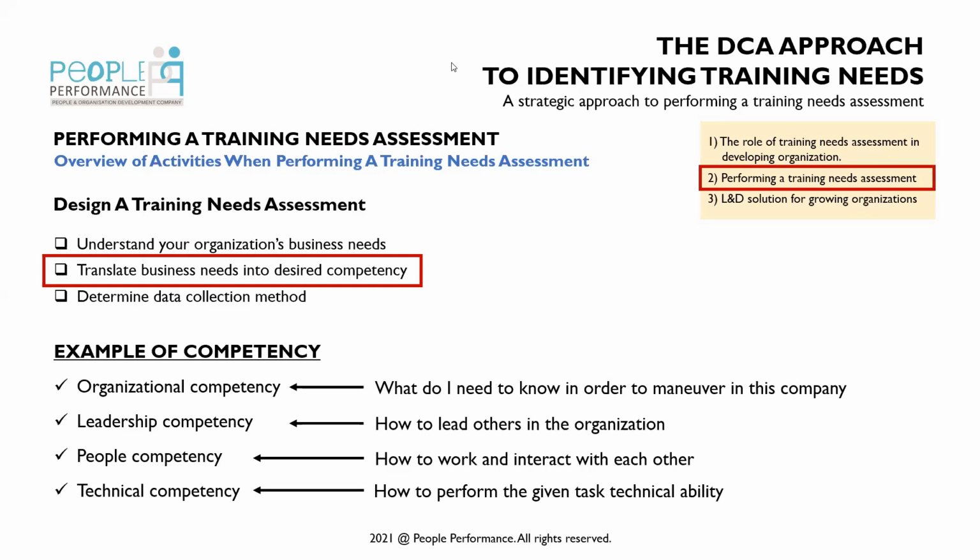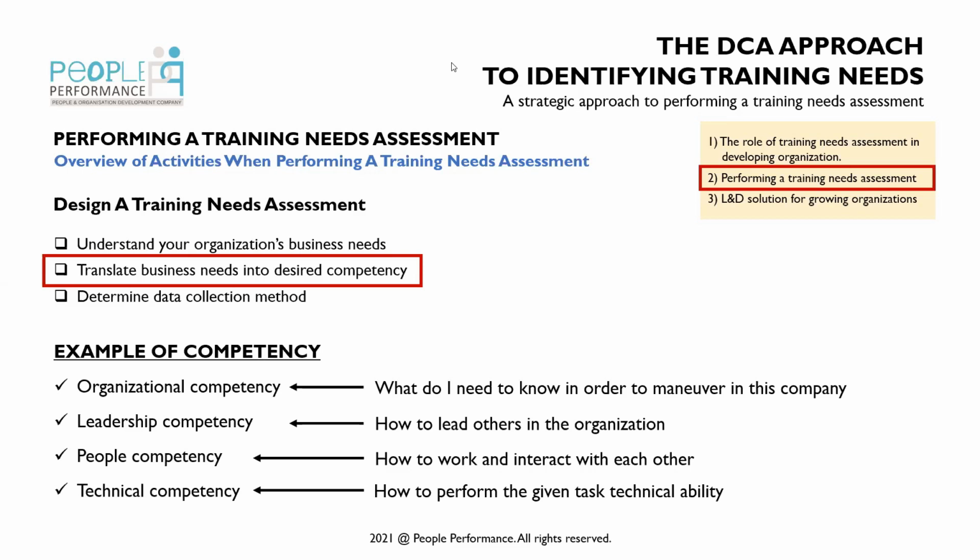Now, one of the things I would recommend is, after you craft your template, your survey form, have a sit-down with the business unit managers and let them look at it and ask questions. Based on their questions, you will drill down your questions to be a lot more specific, right?